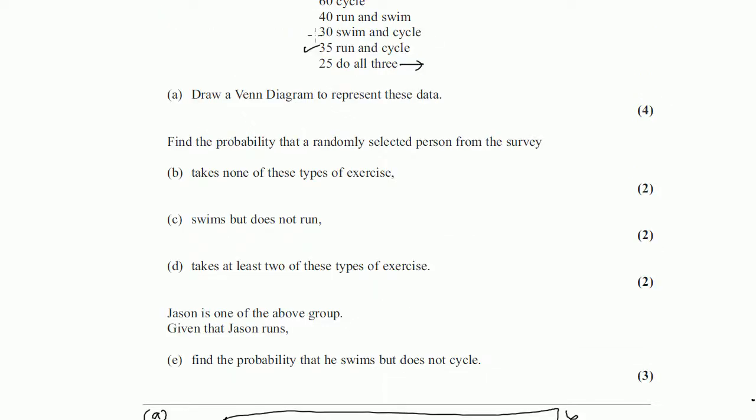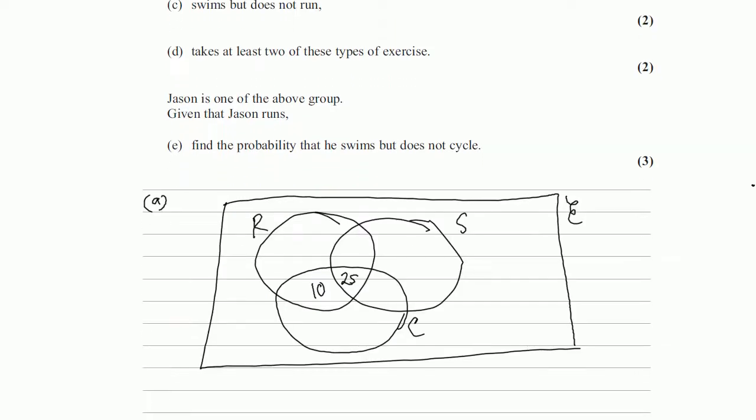Swim and cycle is 30. So if swim and cycle is 30, then this has to be 5. And run and swim is 40. This is 15. 15 plus 25 is 40.